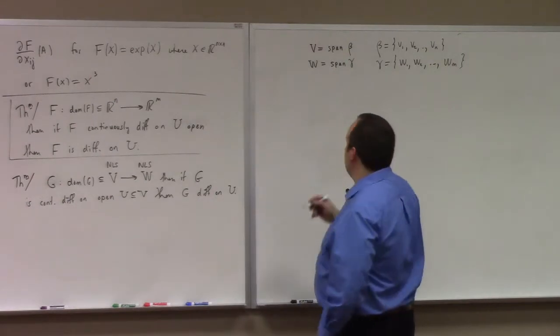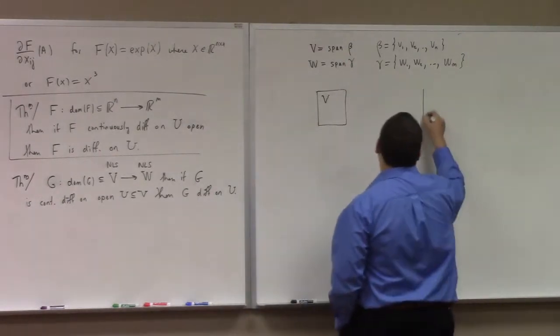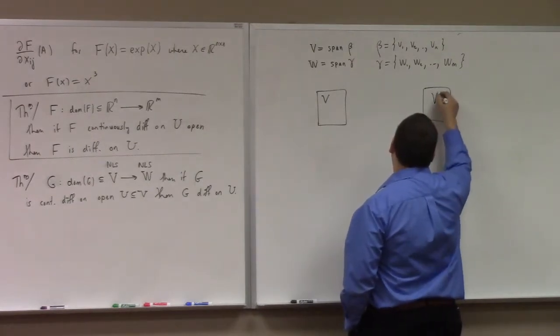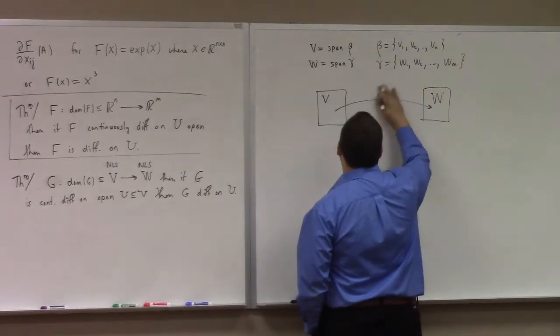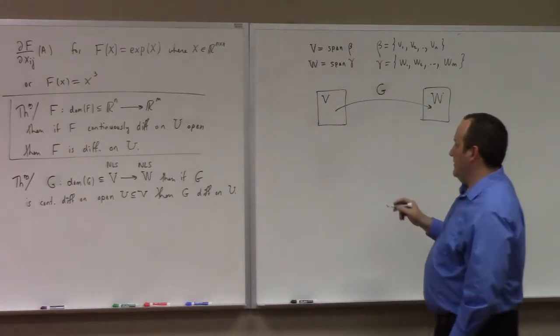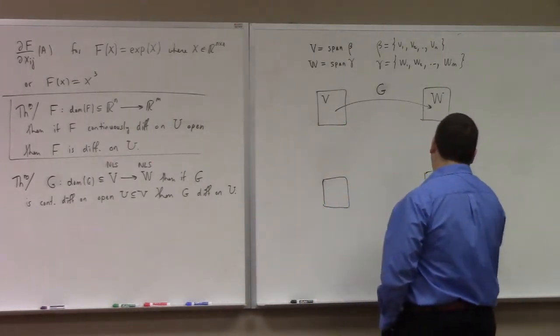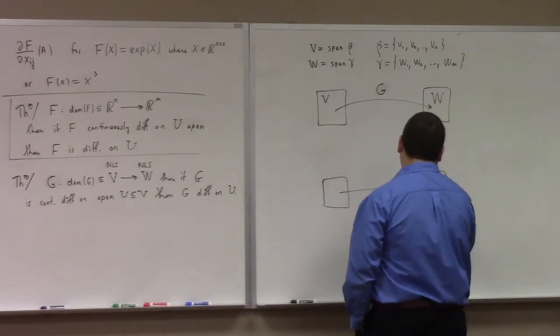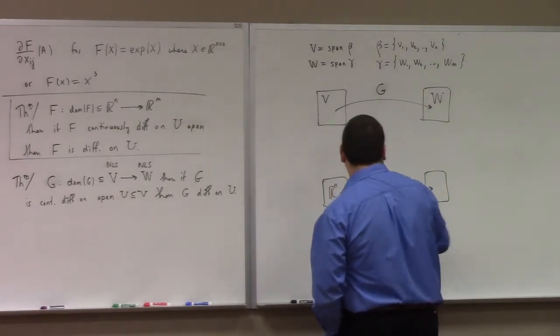Let me draw a picture. So here's V, here's W, right? G takes us from there to there. But the theorem we know about is down here. We know about this theorem down here for F that's continuously differentiable from R^n to R^m.